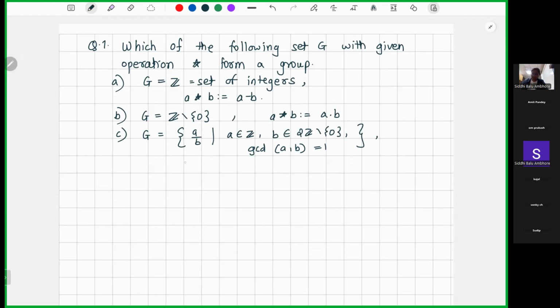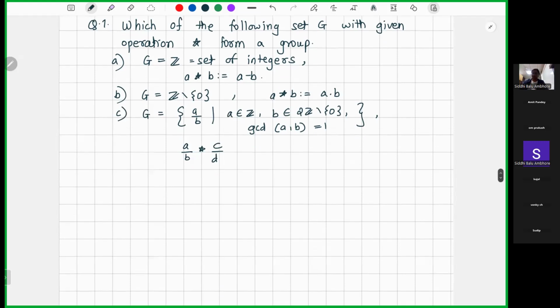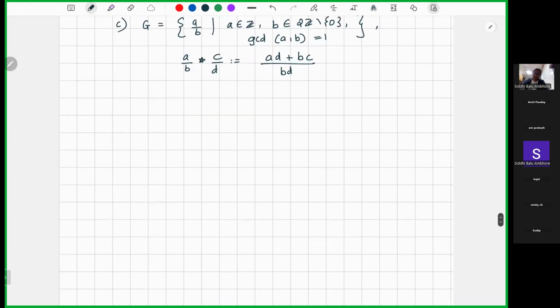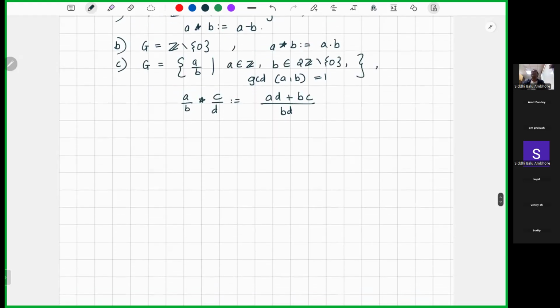A star B here will be A by B star C by D, because the elements here are of the form A by B. This we are defining as (AD plus BC) by (B into D), the normal addition which we have for rational numbers.